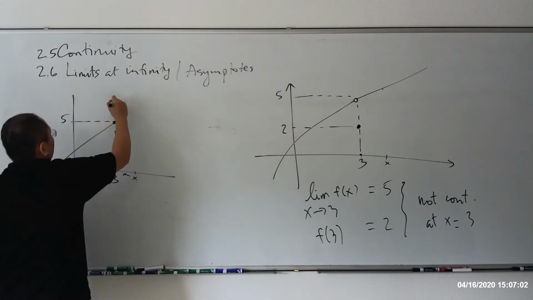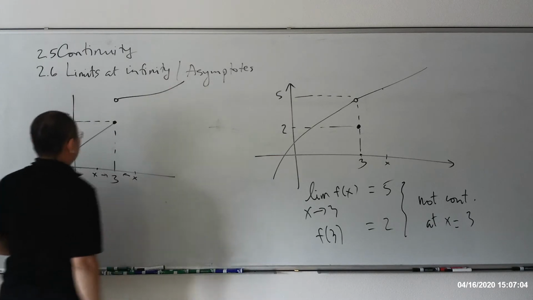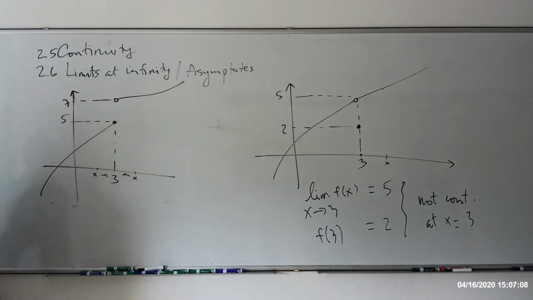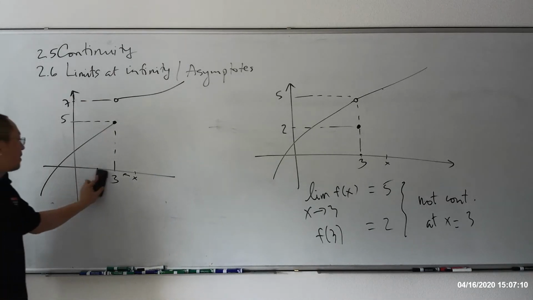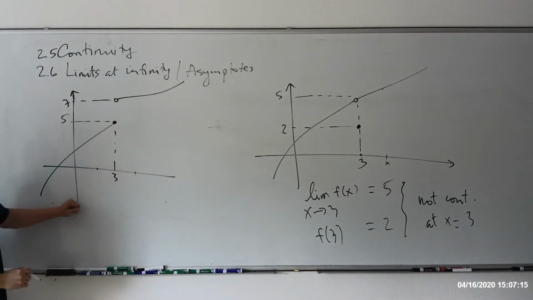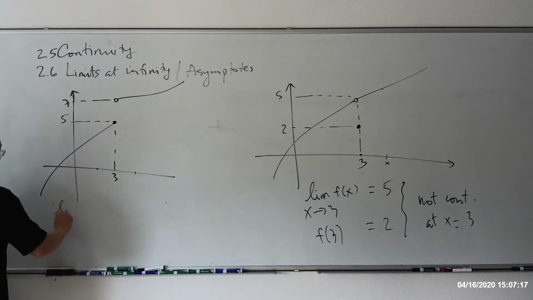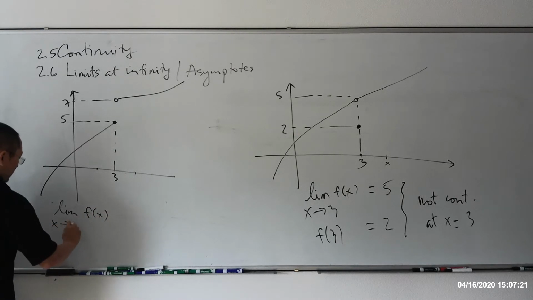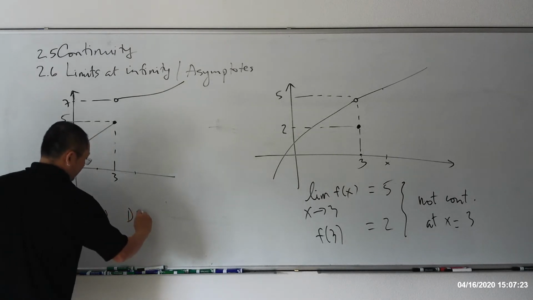What about this one? Okay? So this is 7. And I claim that in this example right here, the function is not continuous at x equal to 3 as well. Why? Because the limit of f of x when x approaches 3 does not exist.